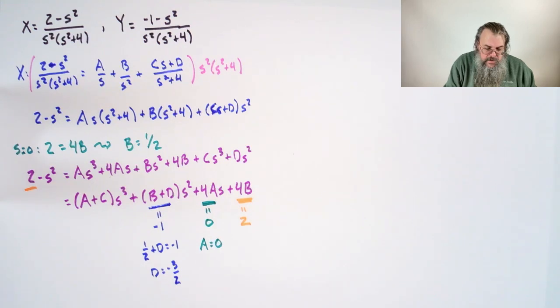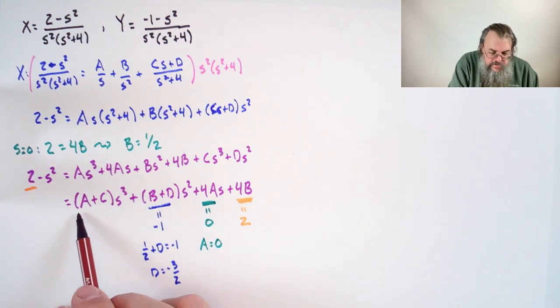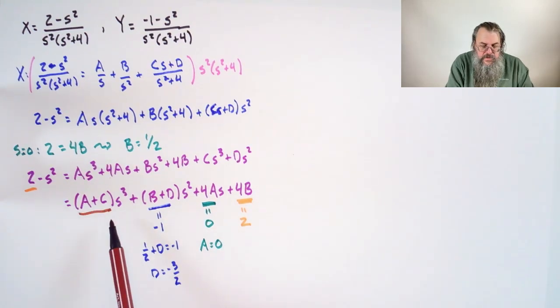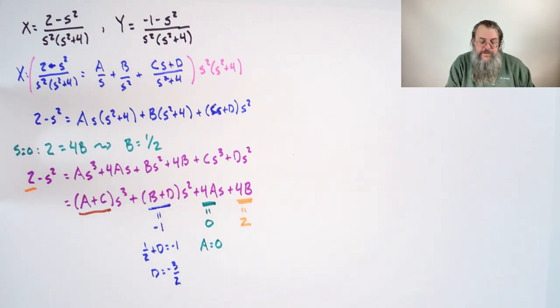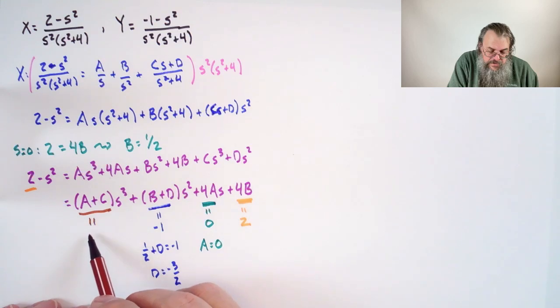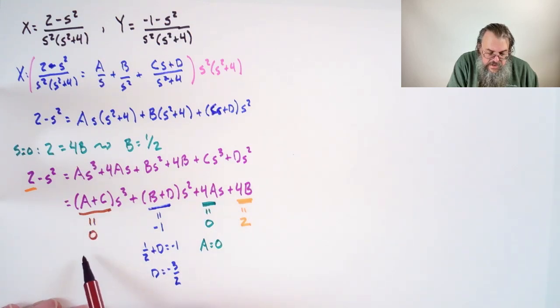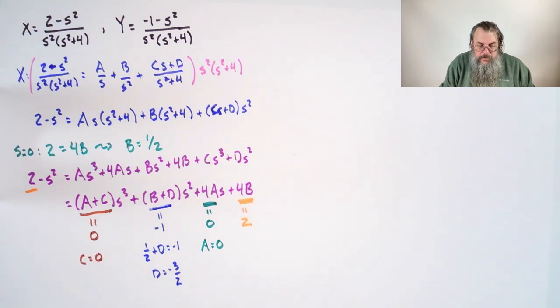And we come here. Okay, a plus c has to be the coefficient for s cubed. It has to match the coefficient for s cubed here. Well, there is no coefficient for s cubed, so this has to equal 0. Since a equals 0, 0 plus c equals 0, so c equals 0. Well, that was rather fast.